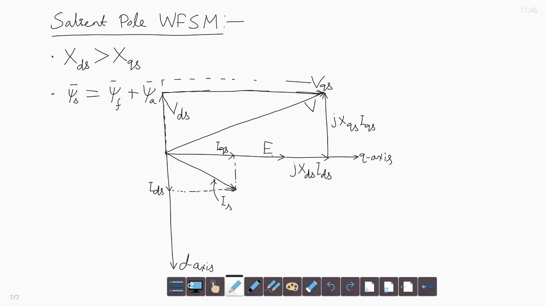The angle between V and E is delta, the load angle, and the angle between V and I is the phase angle phi.